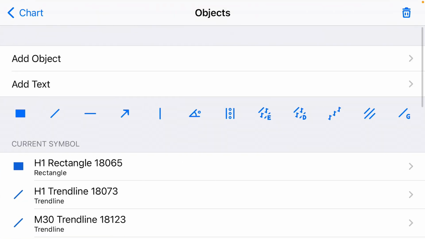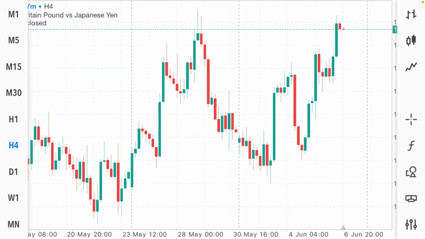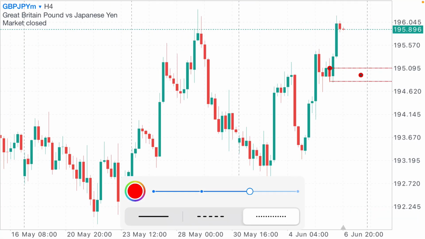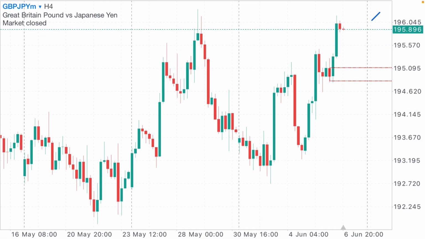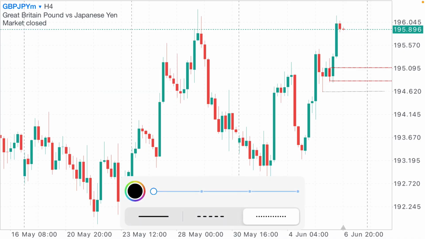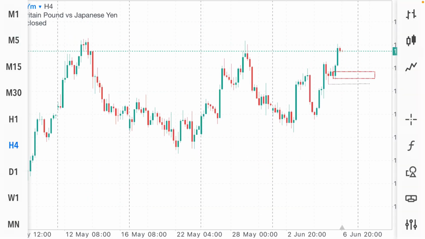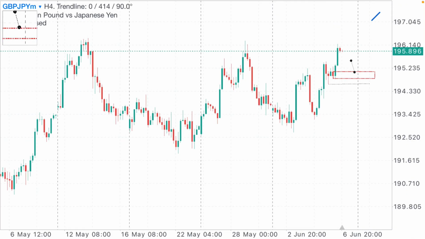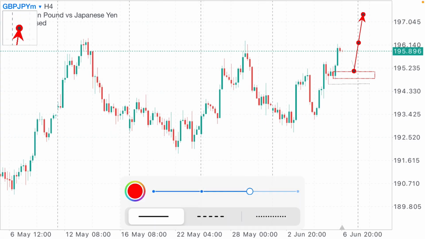I will delete everything so that you can see what I have on the H4 time frame. You will see that we have an order block here that broke the structure on H4 with this low. They respected this low. So now what am I expecting? I'm expecting GBPJPY to retest this zone here and then create a new higher high.